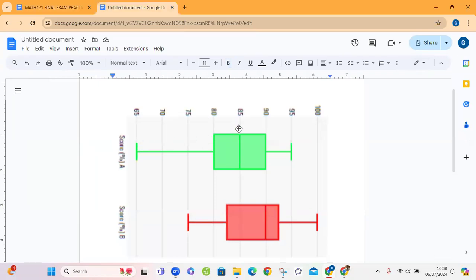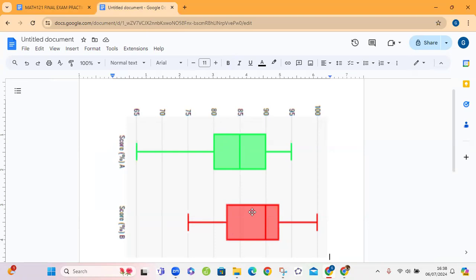Its median is 85, so the mean must be a little smaller than 85, shifted towards the left. The mean will be around 80, 81, 82, lower than the median for group A.